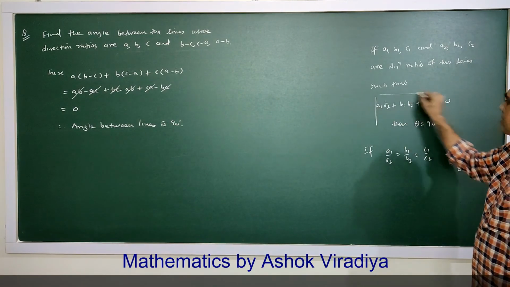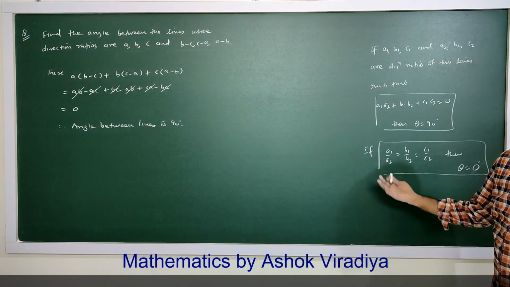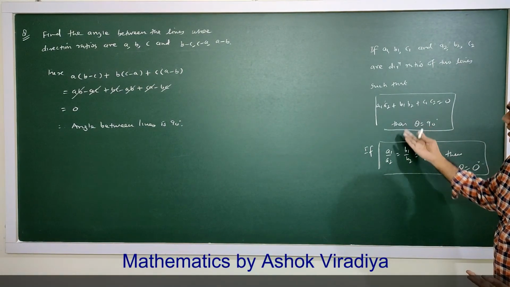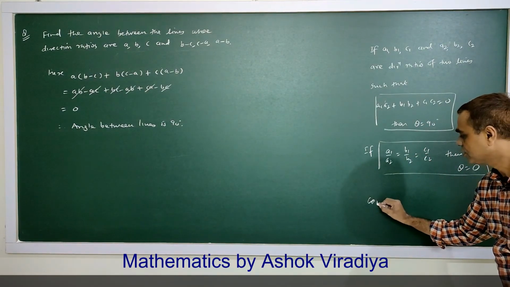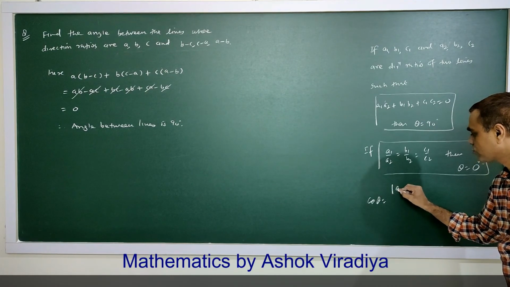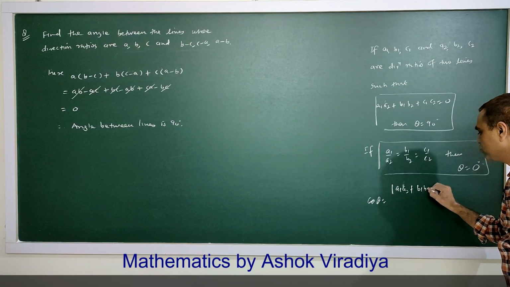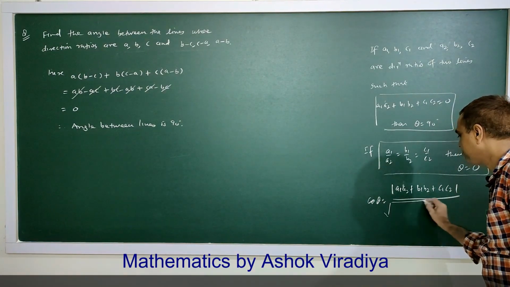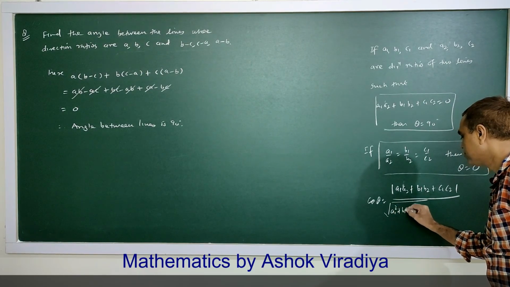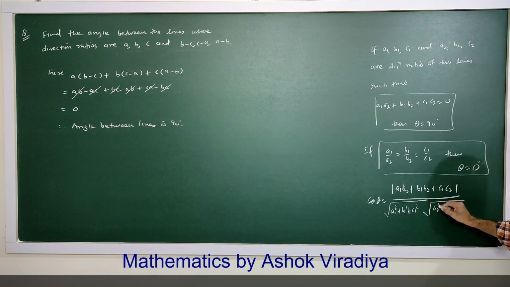So these statements are important. Otherwise, if no such cases occur, then theta can be found by cos theta equals modulus of (A1 A2 plus B1 B2 plus C1 C2) upon square root of (A1 square plus B1 square plus C1 square) into square root of (A2 square plus B2 square plus C2 square).